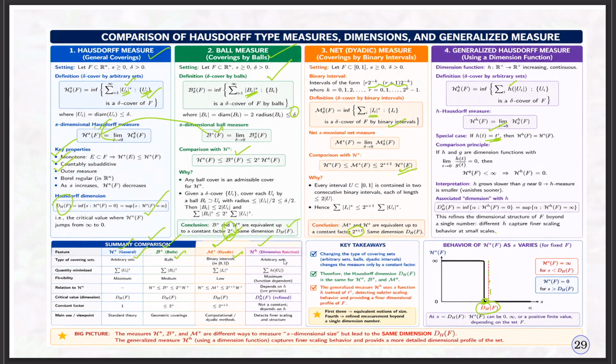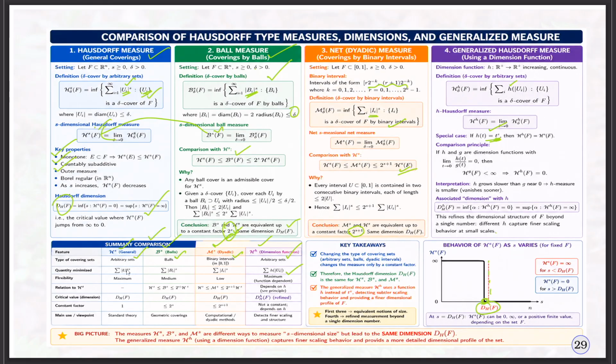So here also H^h uses arbitrary sets. Instead of arbitrary sets, balls and binary intervals one can put, and we get these two, B^s and M^s measures, in H^h by substituting h as t^s. So here this will be the maximum dependency and will give more geometrical features of the set F.